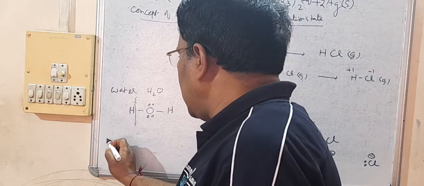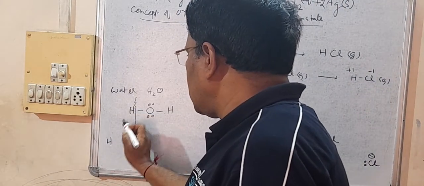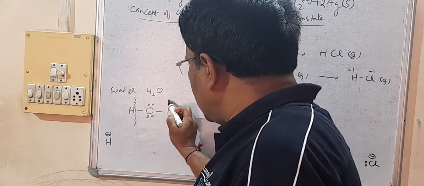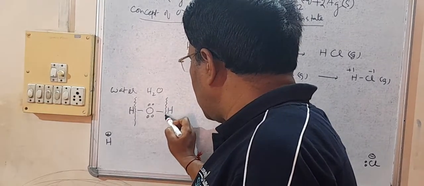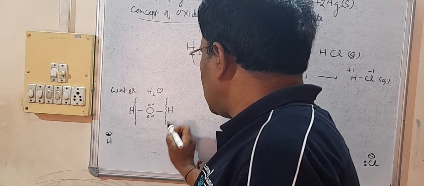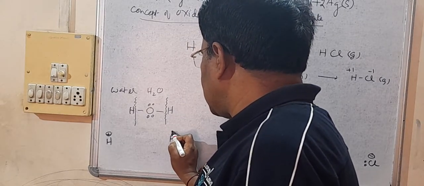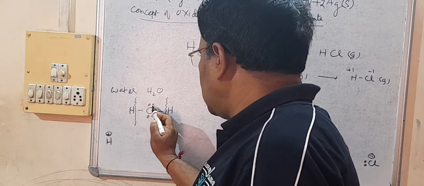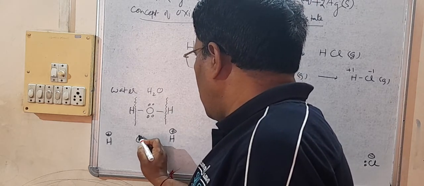So H will have no electron, so it will become plus. And similarly, if this bond also breaks from here, this also will become plus with no electron.